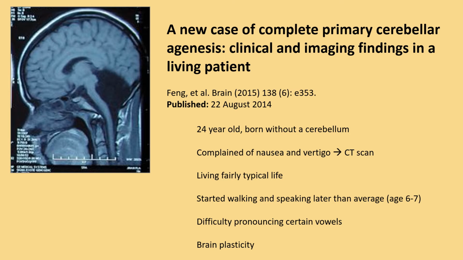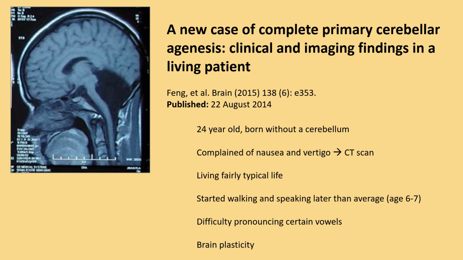A 24-year-old, I believe she lives in China, and she went to the physician with these complaints, and the physician ordered a CAT scan. And up to that point, she had been living a pretty typical life. She had a job and friends and etc.